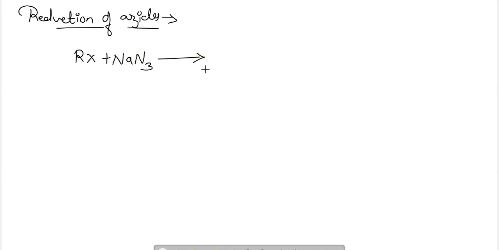The production of azide takes place when alkyl halides are reacted with sodium azide. Okay, when alkyl halides are reacted with sodium azide, the formation of alkyl azide will take place and sodium halide will be removed here.